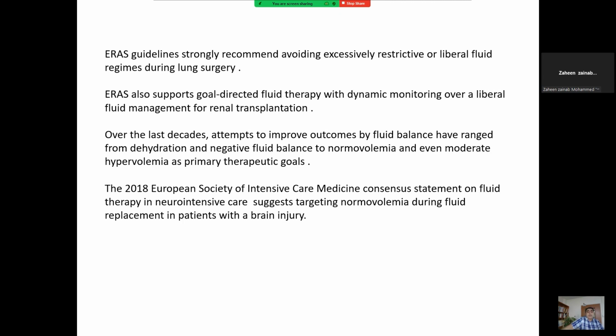Over the last decades, attempts to improve outcomes by fluid balance have ranged from dehydration and negative fluid balance to normovolemia and even moderate hypervolemia as primary therapeutic goals. The 2018 European Society of Intensive Care Medicine consensus statement on fluid therapy in neurointensive care suggested targeting normovolemia during fluid replacement in patients with a brain injury.